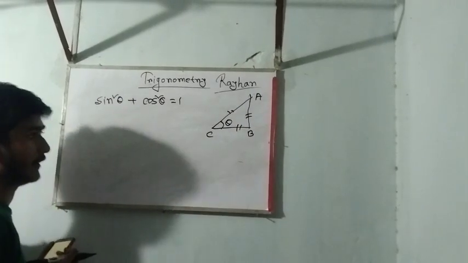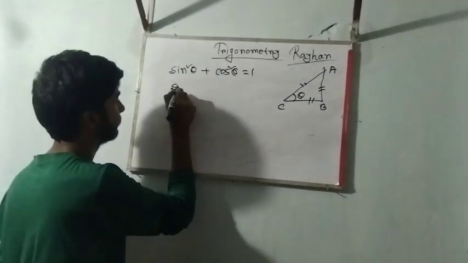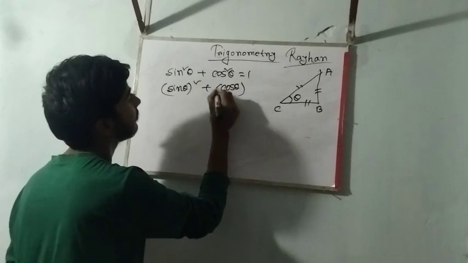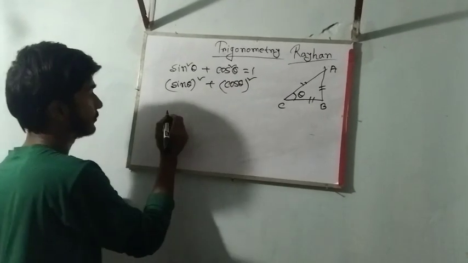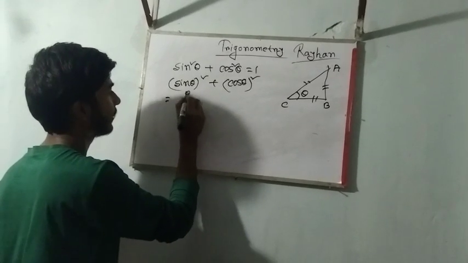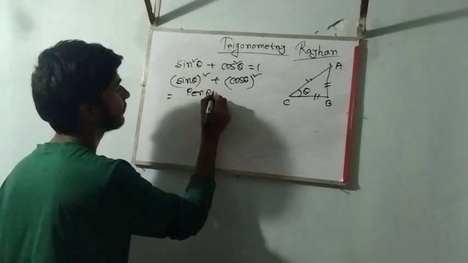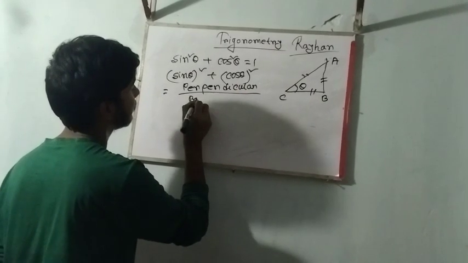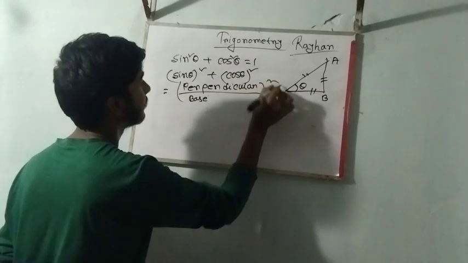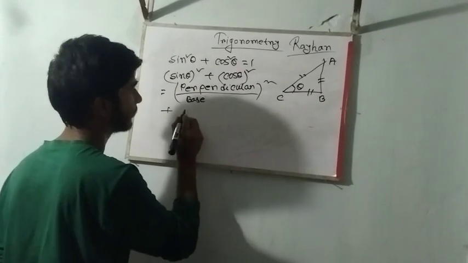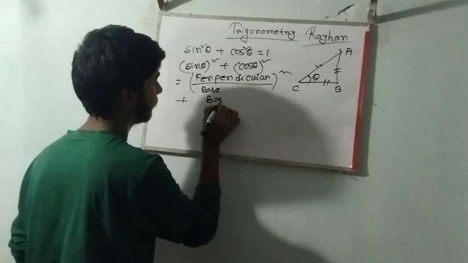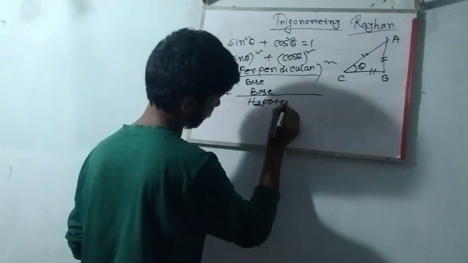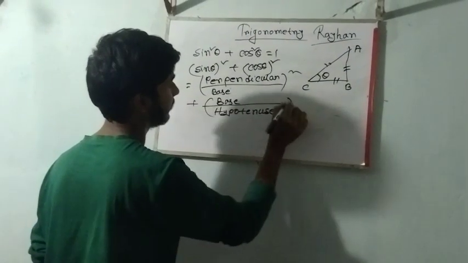Hypotenuse is the largest arm of a triangle. So if we deal with sine theta and cos theta, sine theta is equal to perpendicular divided by hypotenuse, whole square, plus base by hypotenuse, square.